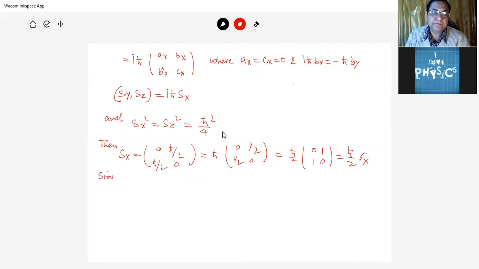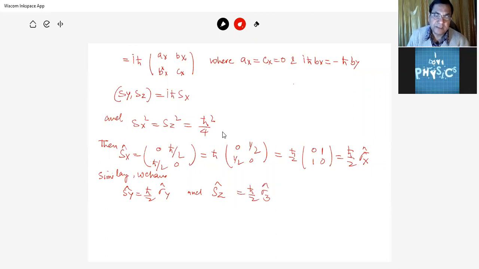Similarly, we have Sy is equal to H cross by 2 sigma y, and Sz is equal to H cross by 2 sigma z.